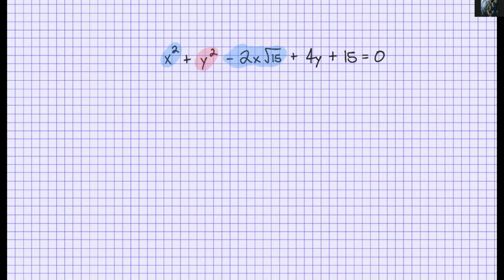We're going to gather the x terms, the y terms, and the 15, we're going to isolate it to the other side. So we have x squared minus, I'm going to rewrite this to make it easier. There's some space in there. And then I have y squared plus 4y, little space in there, and I have negative 15.